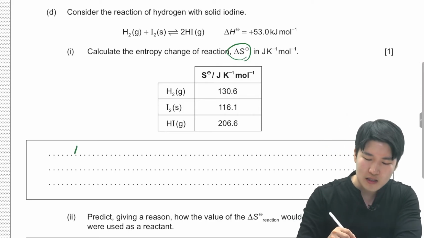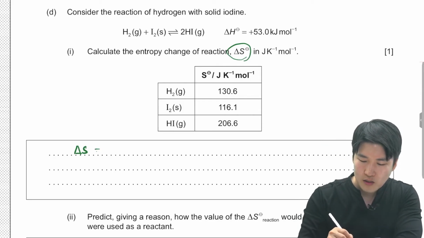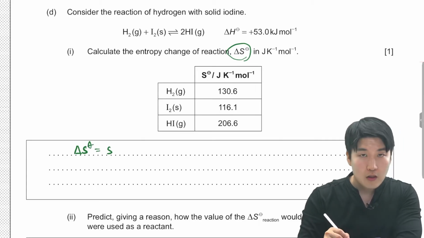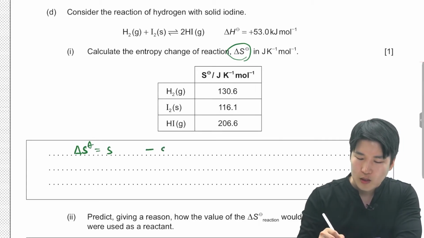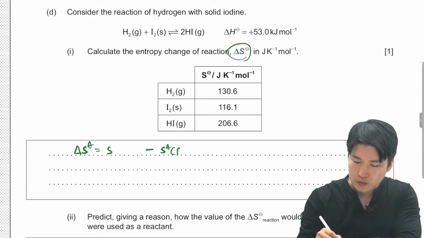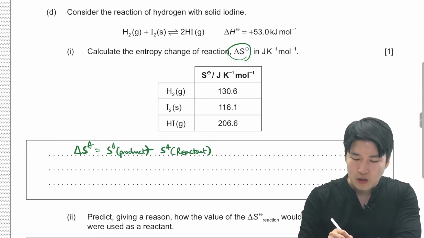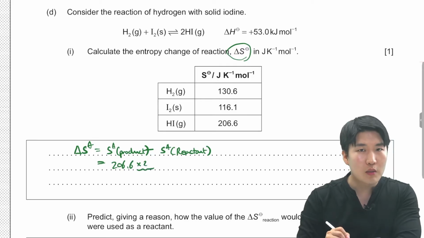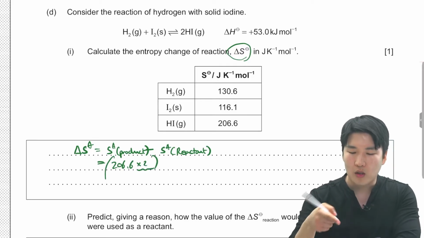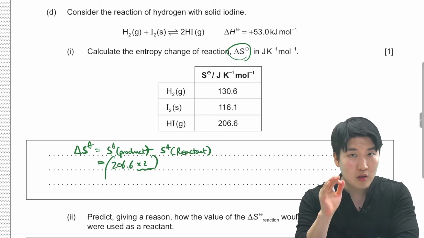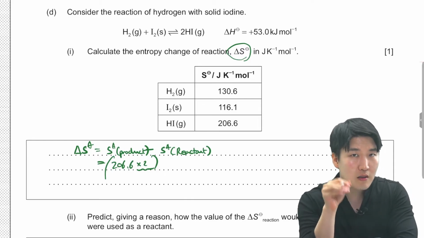Delta S is easily calculated by taking away the reactant entropy value from the product, which means the arithmetic we have to do would be 206.6 times 2. Why times 2? Well, remember, there are 2 moles of product for every 1 mole of reactants inputted.